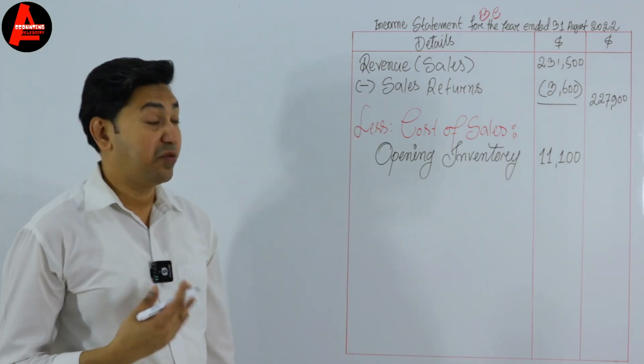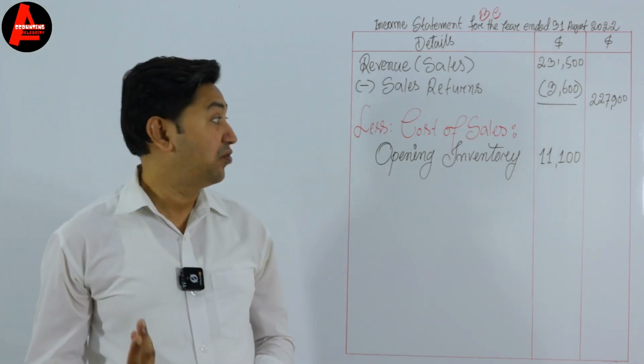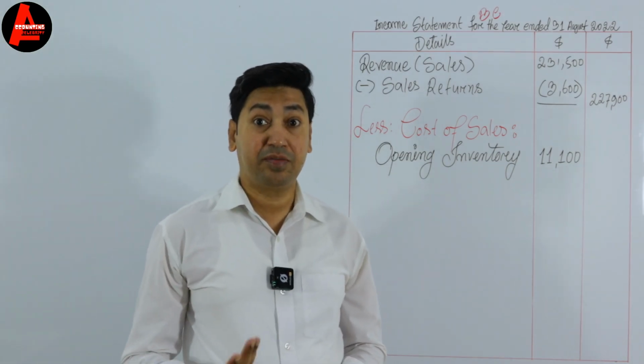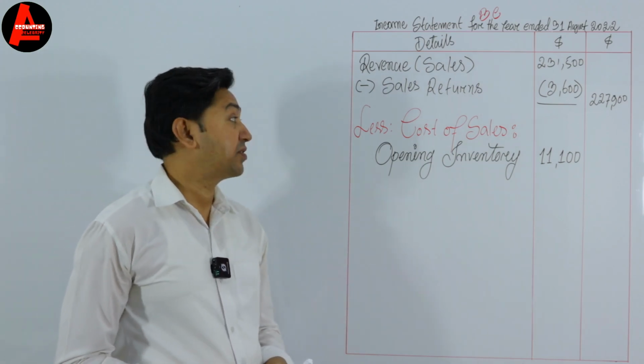Now, next step, we need to write the purchases. On the question, we have the first item purchases, it is $120,000. But on the list of balances, there are no purchase returns, so we don't have to subtract purchase returns. Then at the end of the trial balance, we have carriage inwards, it is $400, right? So we have to add this amount here under this cost of sales.